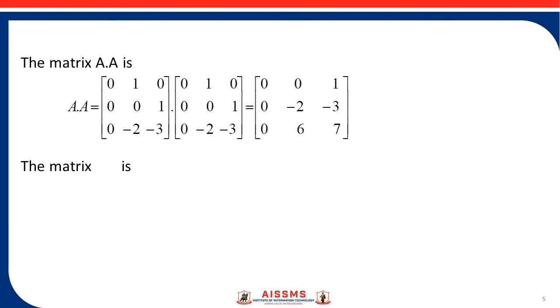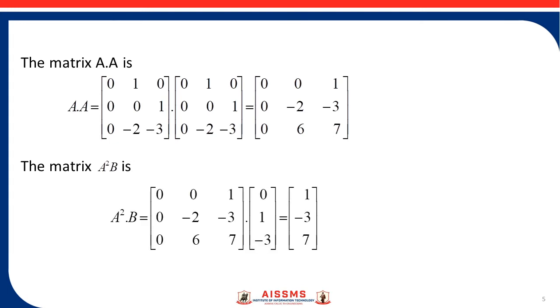Now if you multiply this matrix with B, you will get the A square dot B matrix. A square is of order 3 by 3 and B is of order 3 by 1, so the resultant matrix A square dot B is of order 3 by 1. We got 1 -3 7. So we got A dot B and A square B.